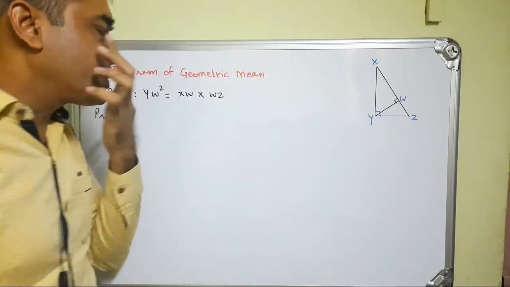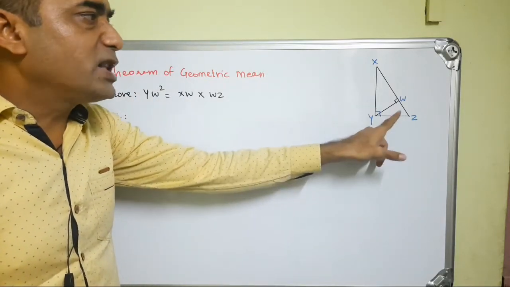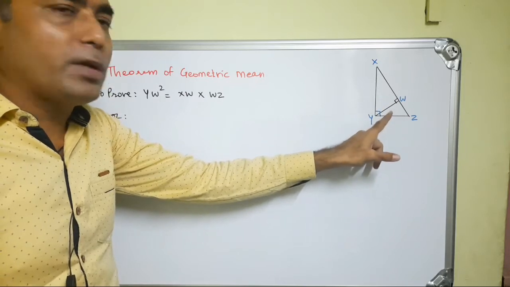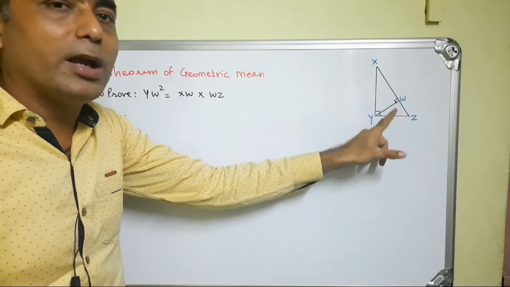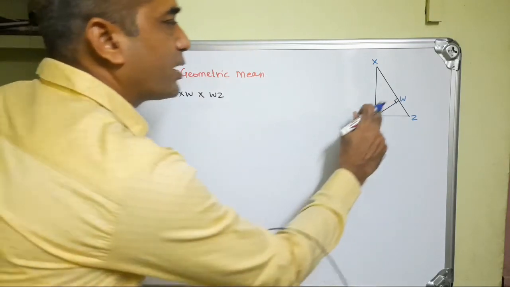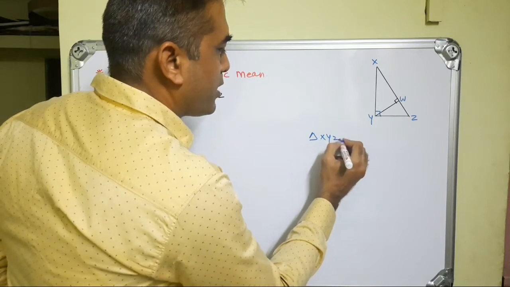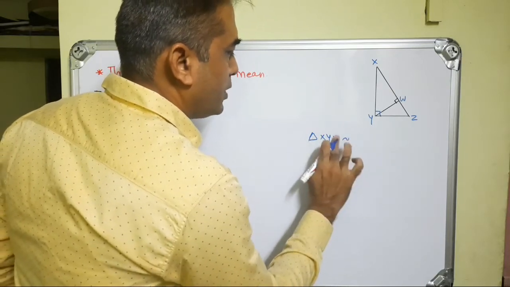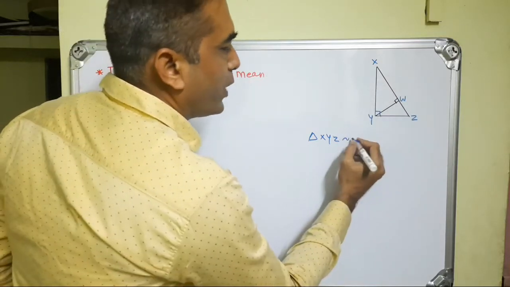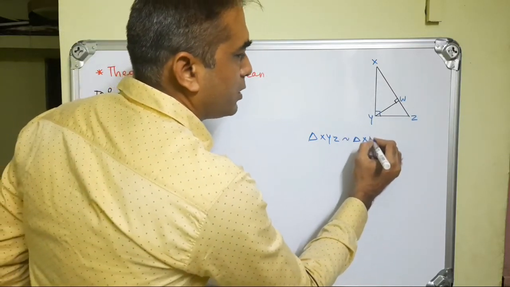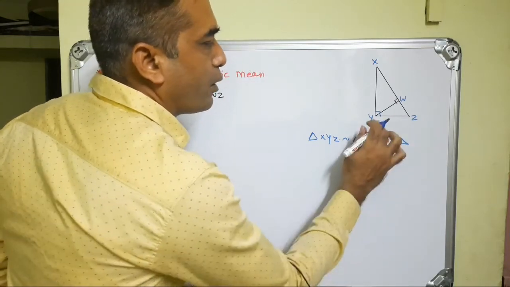We have studied that in a right angled triangle, the two triangles formed are similar to the original triangle and also similar to each other. So triangle XYZ is similar to triangle XWY, and that is similar to triangle YWZ.